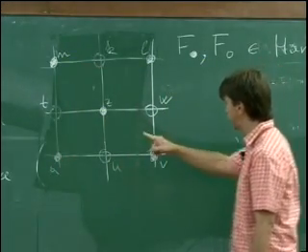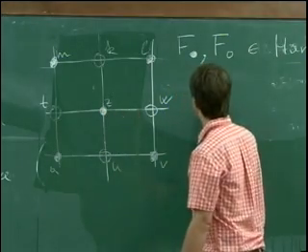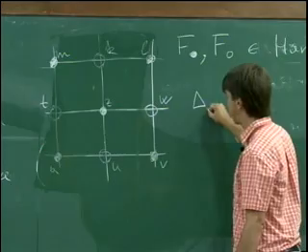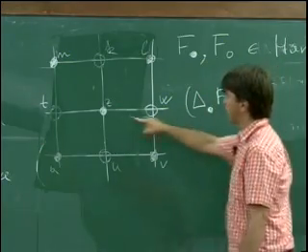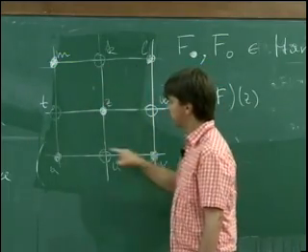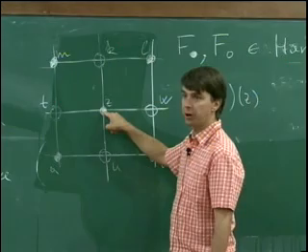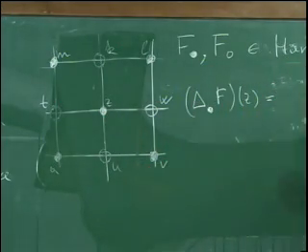We want to check the Laplacian of f. What will be the Laplacian on this black lattice of f at point z? Well, it's the sum of neighbors minus 4 times the value at z.